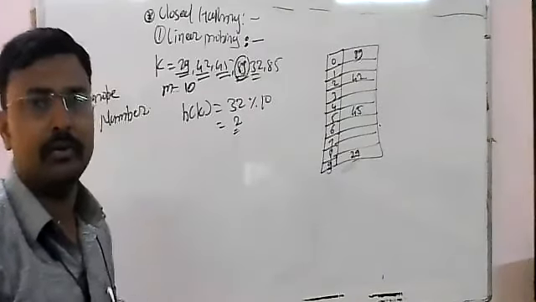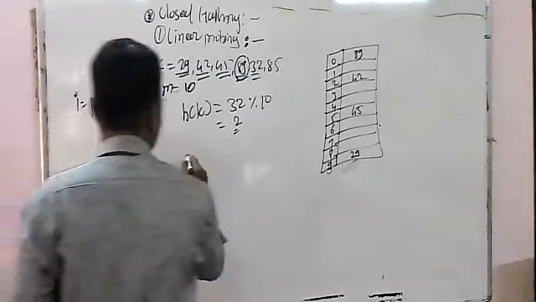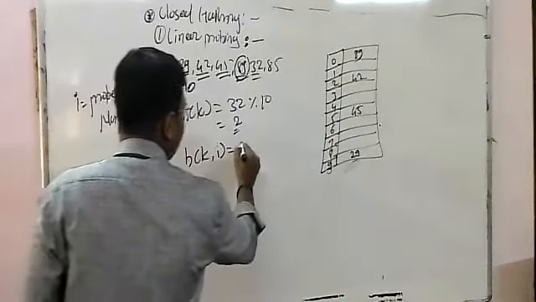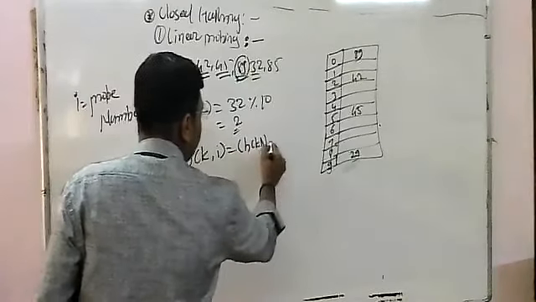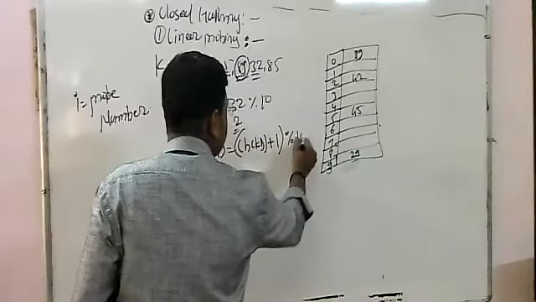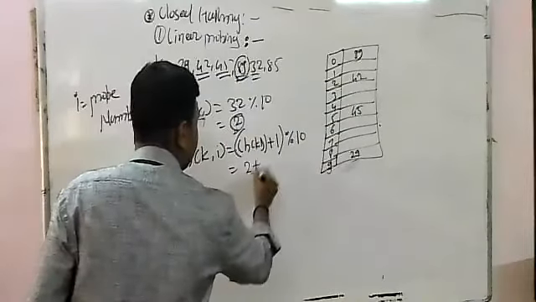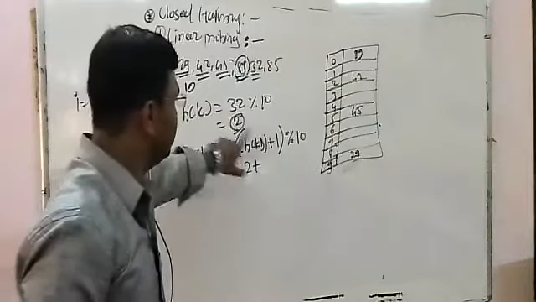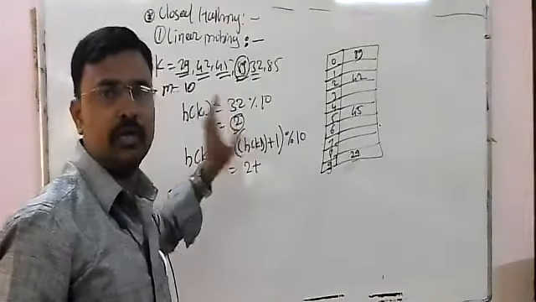Now what we are going to do? We are going to calculate the new index. How to calculate? H of k comma I is equal to H of k plus 1 and whole modulus 10. H of k is 2 plus how many times you got a collision for this number, 32?